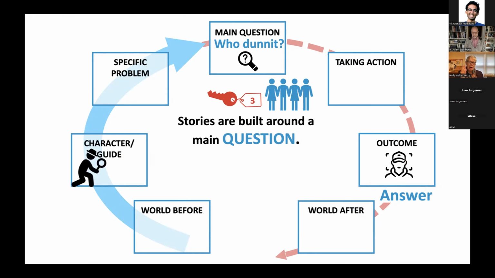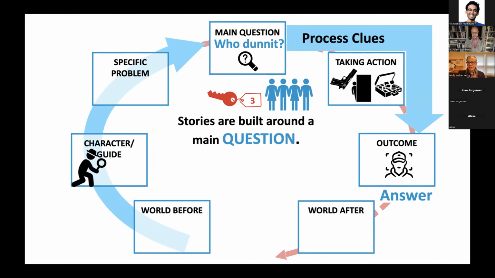They go with that character and they process those clues with the main character in order to not only keep putting things together, but to go beyond the story itself and predict who the murderer is. And that area right there, that is really the part that forces people to pay attention, process information, and understand.